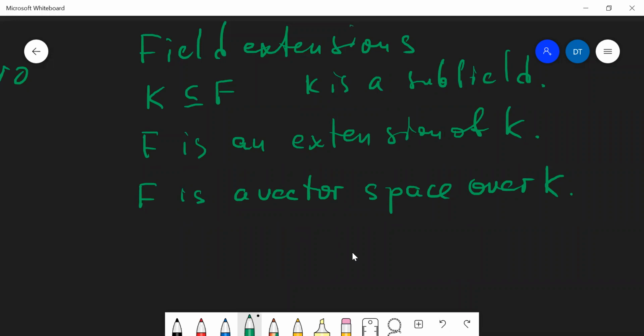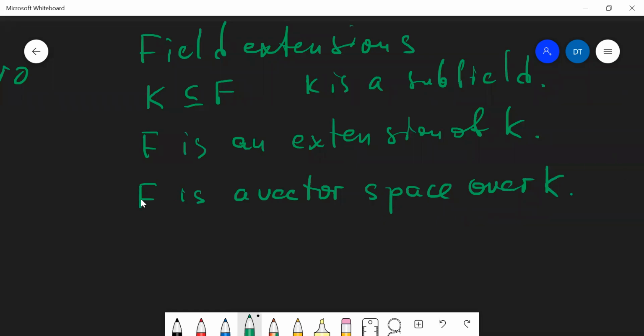Okay, so in this case, F is a vector space. Why? Well, by definition, what does it mean that you have a vector space? It means that you have a set, you can add the elements of this set, and you can multiply these elements by the elements of the field.